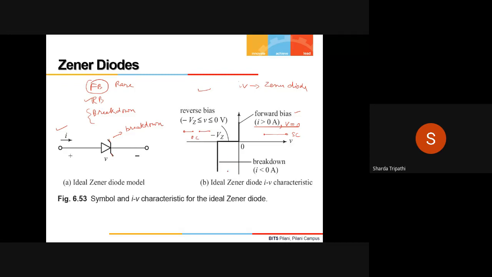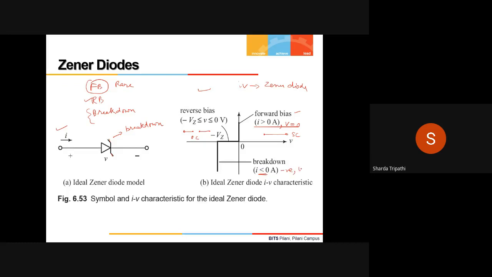But what happens in the breakdown region? In the breakdown region, there will be a large reverse current. So I denote the current I as a value less than 0. Less than 0 means a negative value, and this negative sign denotes that it is a reverse current and not a forward current. Therefore, I is less than 0.